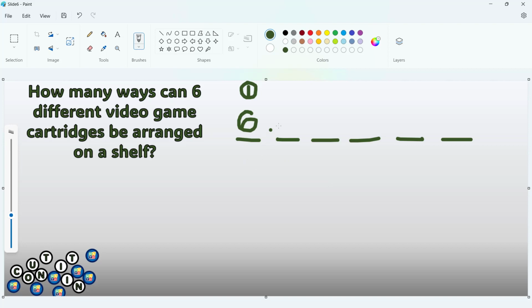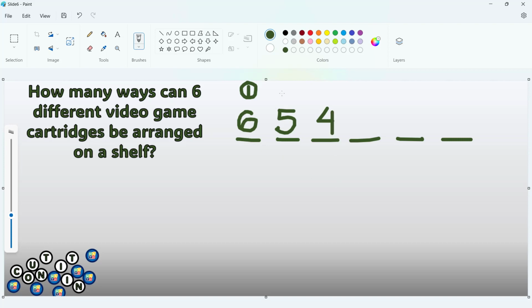In short, in our second placement, the remaining possible cartridges would be 5, because 1 was already placed on the first placement on the shelf. With this in mind, the third placement can only occupy 4 of the remaining.